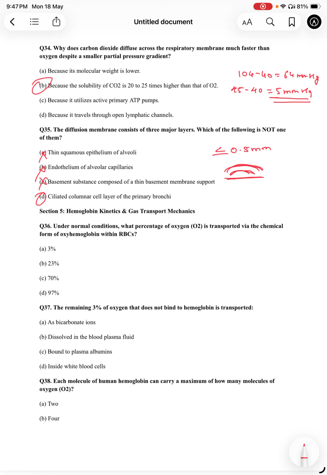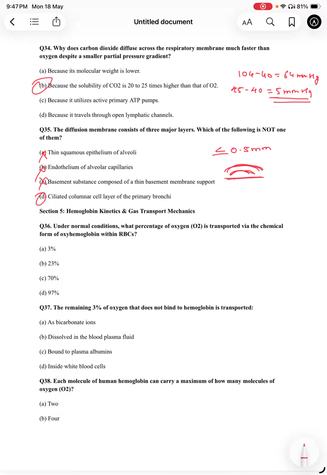Okay. Now, with this, we go to section 5, hemoglobin kinetics and gas transport mechanics. So, under normal conditions, what percentage of oxygen is transported via the chemical form of oxyhemoglobin within RBCs?